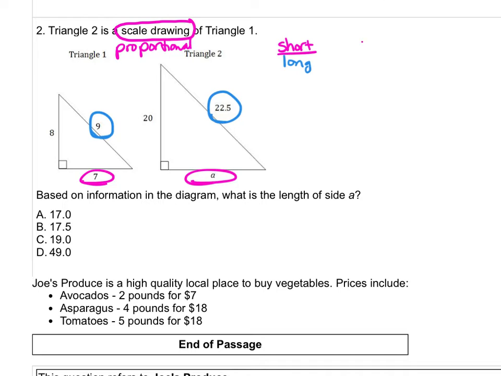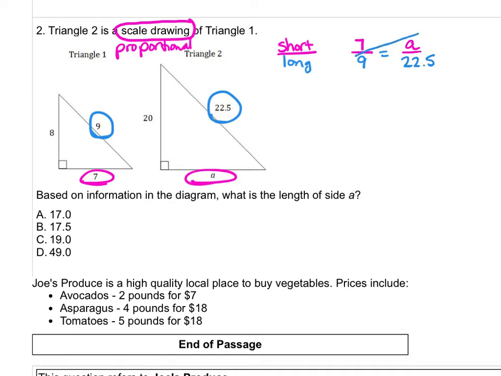And so the short side of triangle 1 is 7 over the long side of triangle 1 is 9, equal. The short side of triangle 2 is A over the long side of triangle 2 is 22.5. And we're just going to solve this for A.